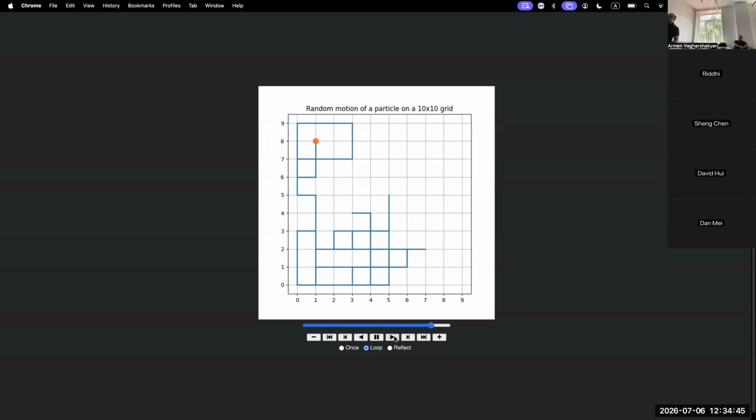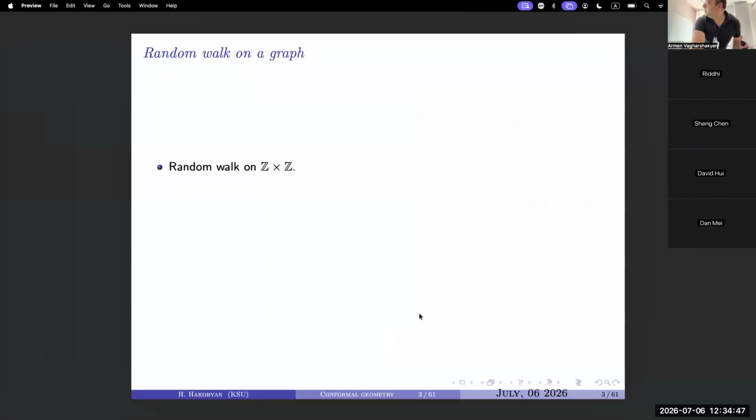So what does recurrent mean? A random walk is called transient if it approaches infinity almost surely. That means if you look at some finite collection of paths of length n, and think of them as a measure with uniform distribution, and look at how many of them go to infinity.